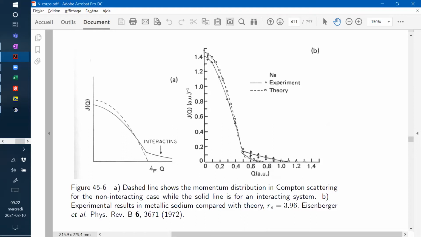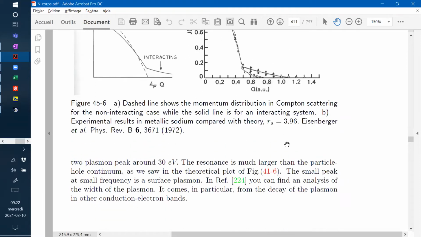There's a discontinuous slope at K Fermi. And this remaining cross section here is just telling us that there are states that are occupied above K Fermi, contrary to the non-interacting case. And so we see these occupied states here.